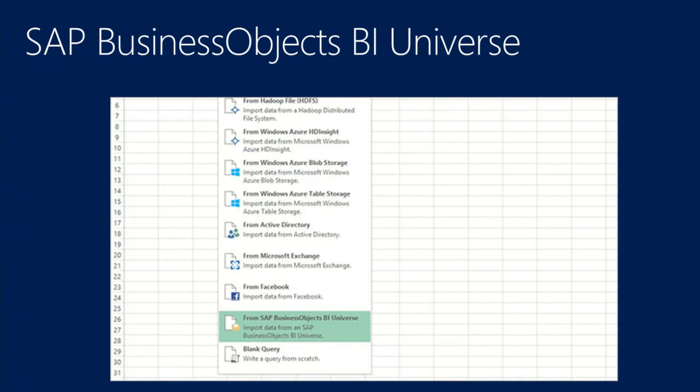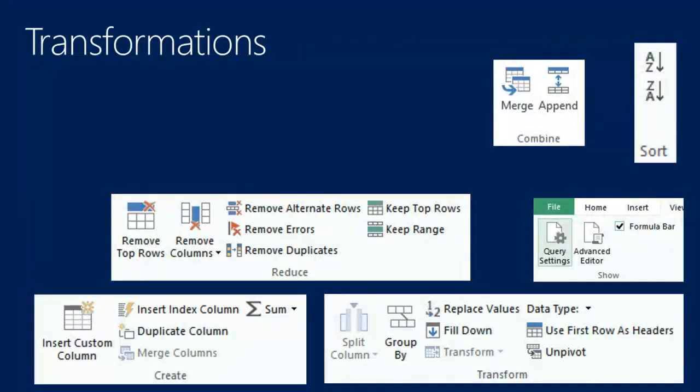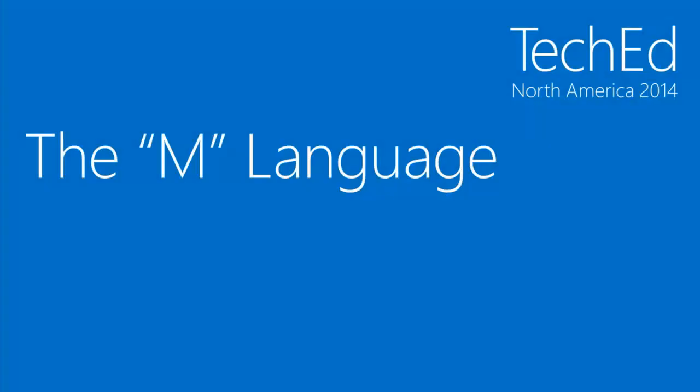So this is an interesting thing that will come. We have seen that we have many transformations that are available in the ribbon. This is probably outdated because there was a new release a couple of days or weeks ago, and probably there is some new feature that is not included here now. And we have seen that we have the M language to apply transformations to the data.